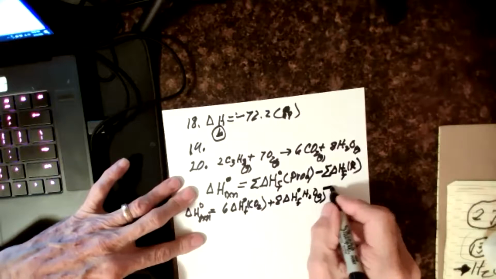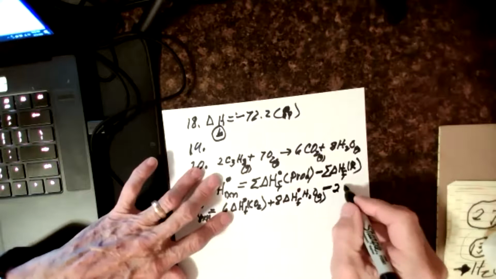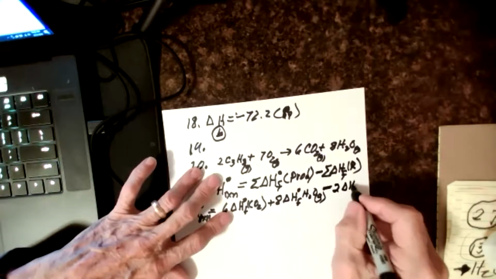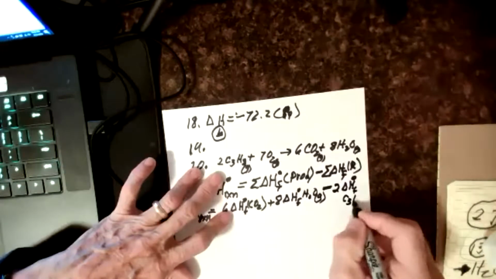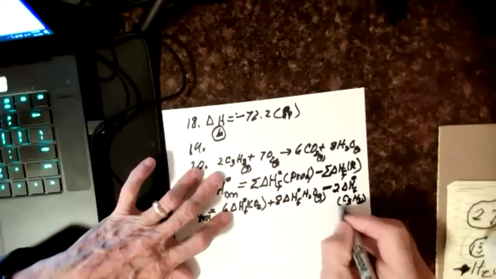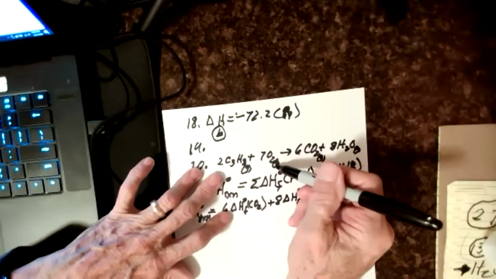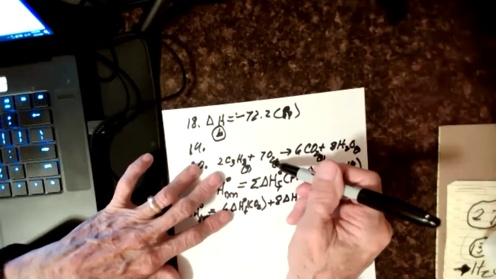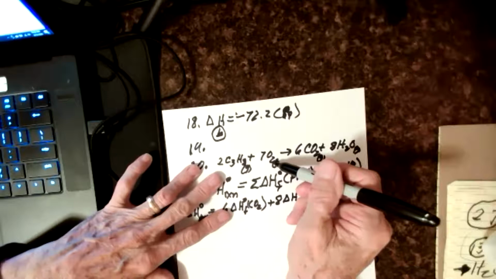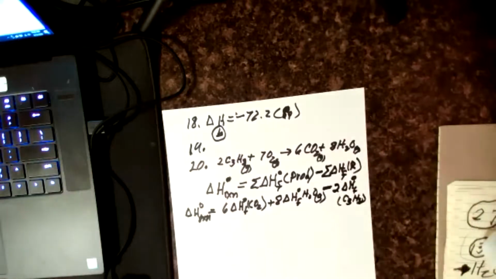Now I need to subtract off the sum of the heats of formation of the reactants. That's going to be 2 times the delta H of formation of C3H8. Now, it would be minus 7 times the heat of formation of O2 gaseous, but O2 gaseous is the reference state for oxygen, and everything in its standard state is 0. So 7 times 0, I'm not going to include it, but I've got my numbers now.